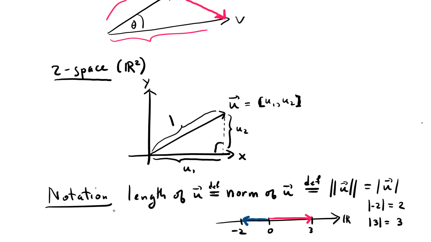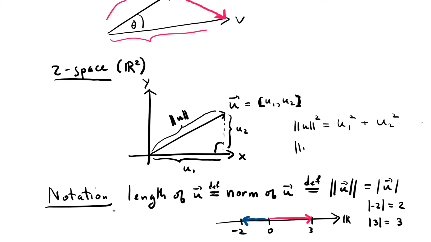So, going back to my diagram, I can write the norm of u here. According to the Pythagorean theorem, the hypotenuse squared, which is the norm of u squared, is going to be the sum of the squares of each side.